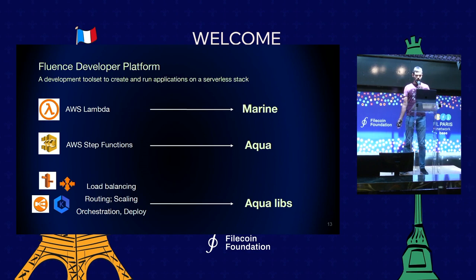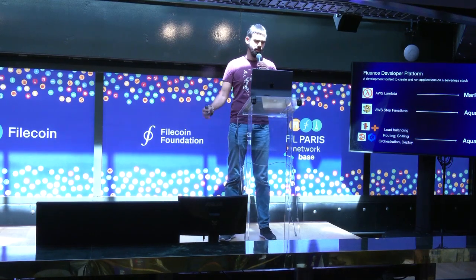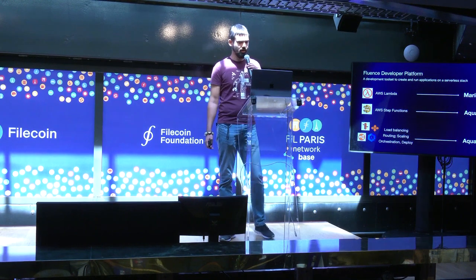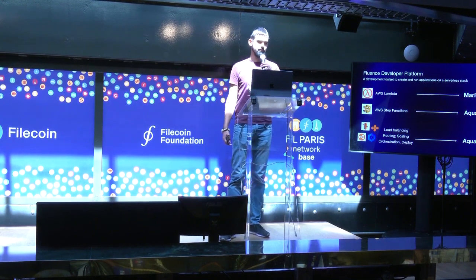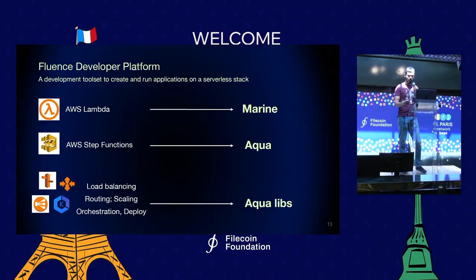And the protocol itself ends on this step, and all the other behaviors are actually distributed algorithms like load balancing, routing, scaling, orchestration, deploy. And all of this can be done in the scripting fashion as the Aqua libraries. So we can collaborate on that.